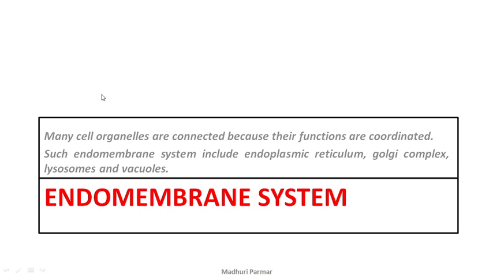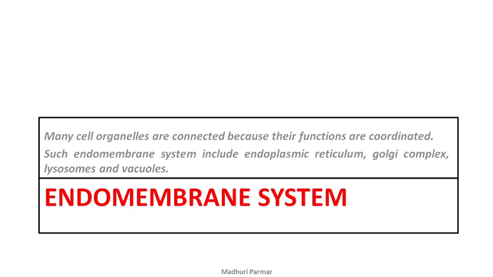So many cell organelles are actually connected because of their functions, which are coordinated. So it is just better for some organelles to be connected in one way or another. Such is the endomembrane system. Endo means inside, membrane, they are talking about the cell membrane.